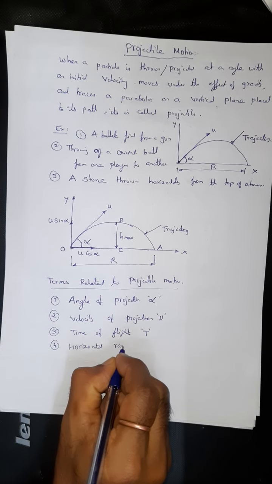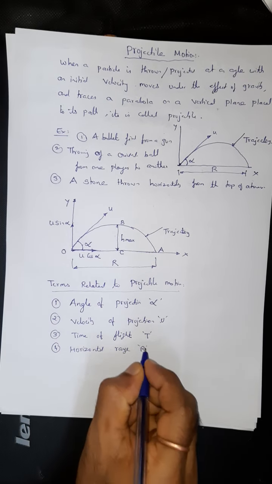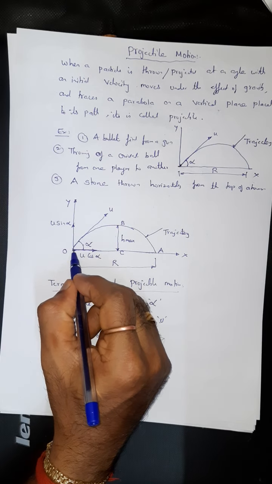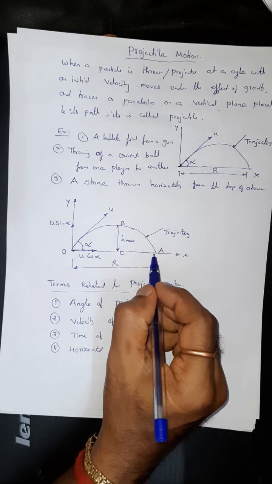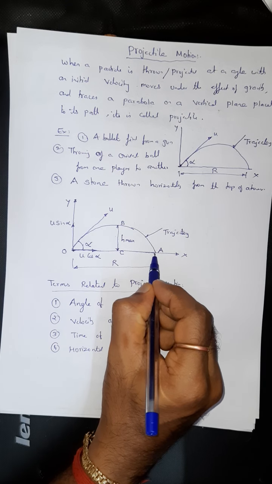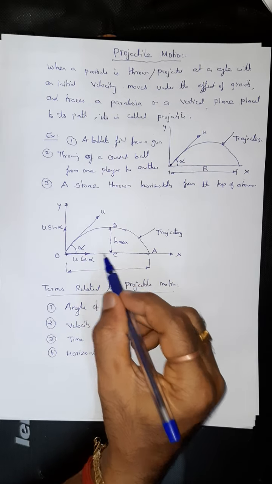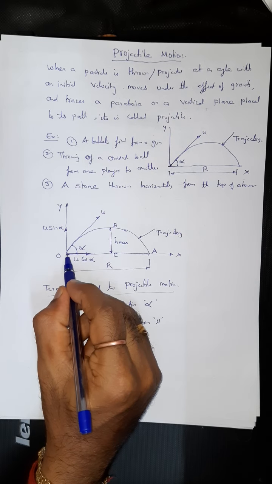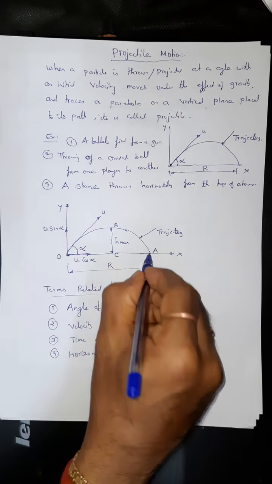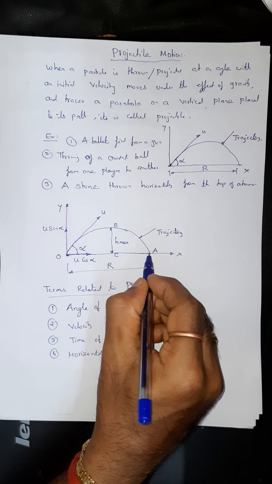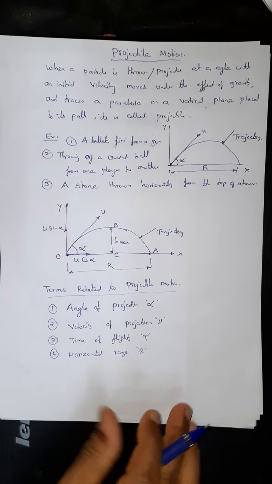The horizontal distance between the point of projection and the point where the projectile strikes the ground is called horizontal range, and it is denoted by r.